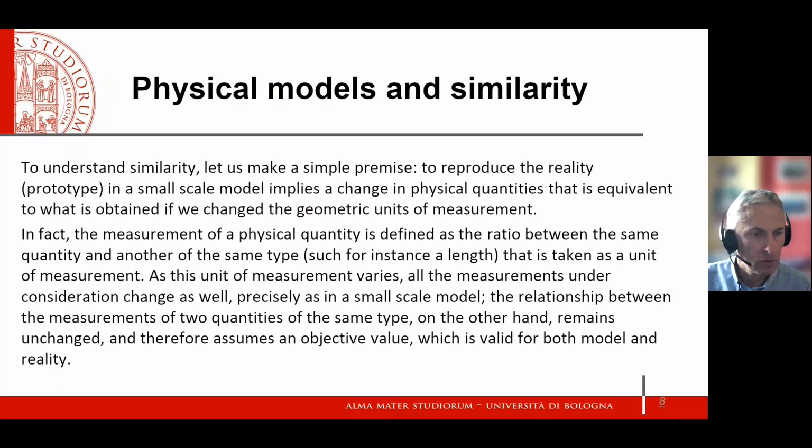And in fact, we have this conversion factor, which is 3.6, to move from kilometers per hour to meters per second. So when we change the units, the numbers of the physical quantities change. In the same way, the numbers of the physical quantities change when we reproduce the reality in a small scale model, because reproducing the reality with a different scale is precisely equivalent to changing the units.